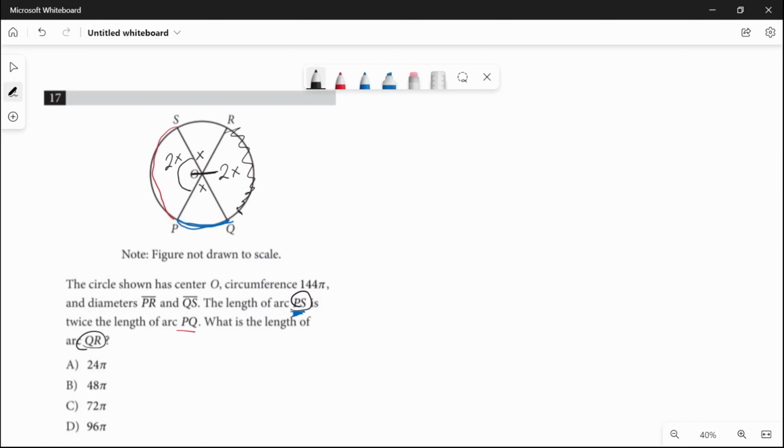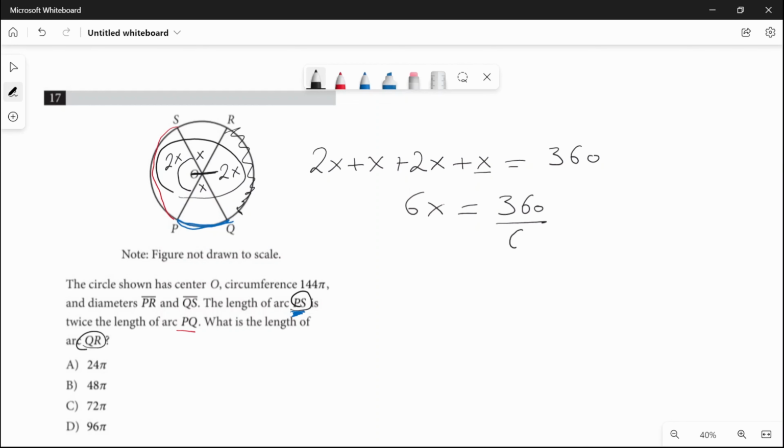So what we are going to do is add all these values, sum them up to 360, and then solve for x. So we will have 6x equal to 360. 360 divided by 6 is equal to 60.